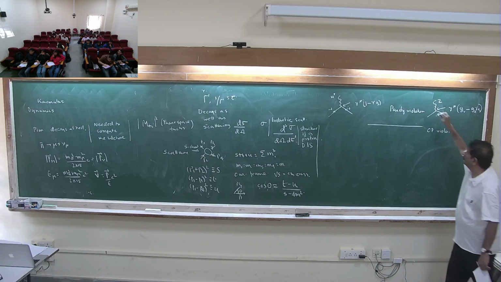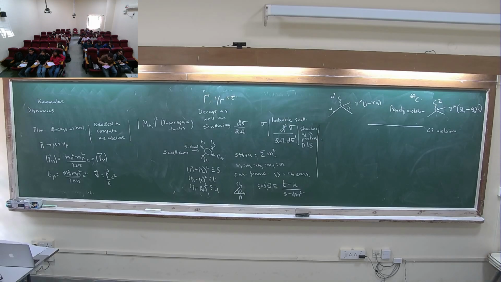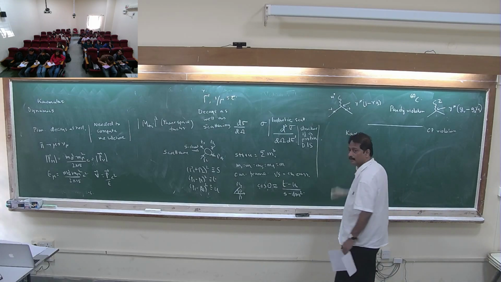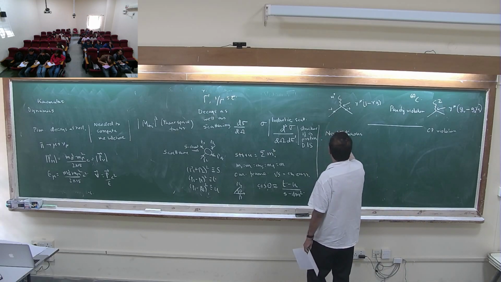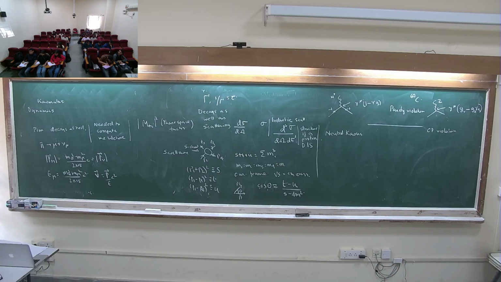Cobalt 60 was up here. Kaons. Okay, not decays, but kaons, yeah, decay also. So, kaons. What kind of kaons? Neutral kaons, in contrast to charged kaons.